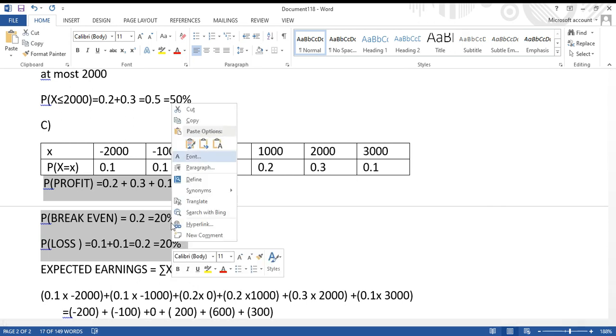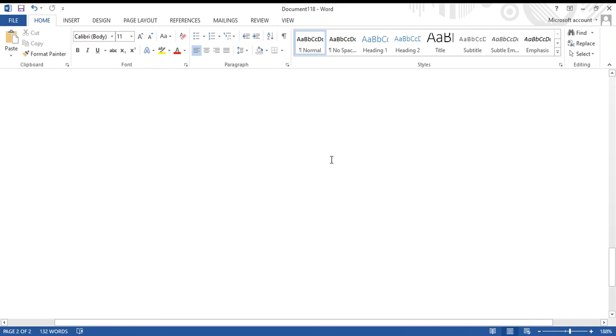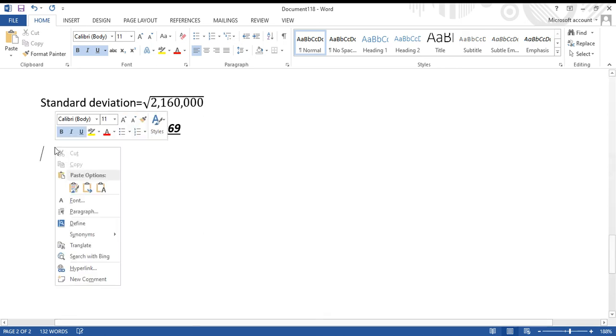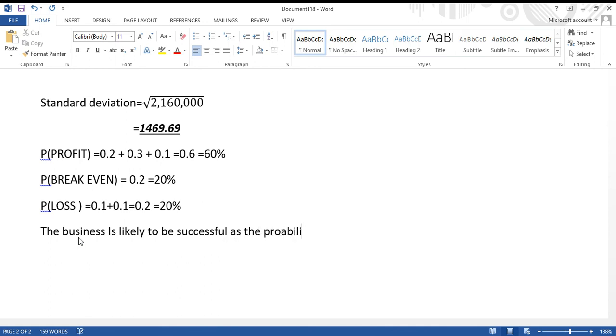So the probability of making a profit, 0.1 and so on, gives 60%.